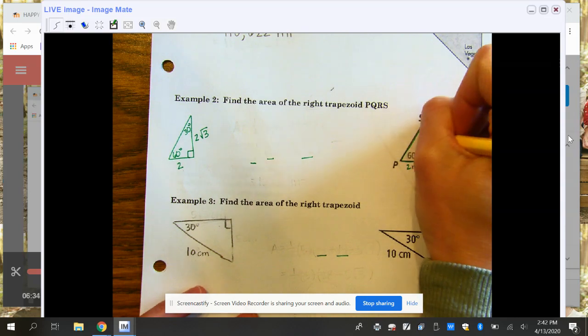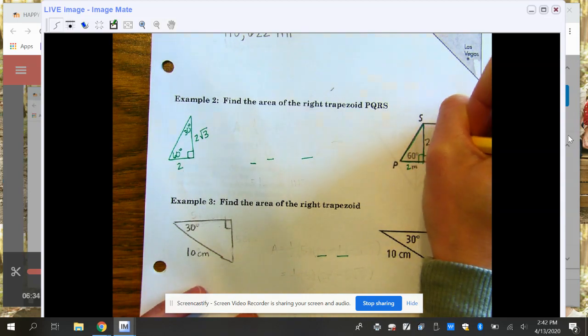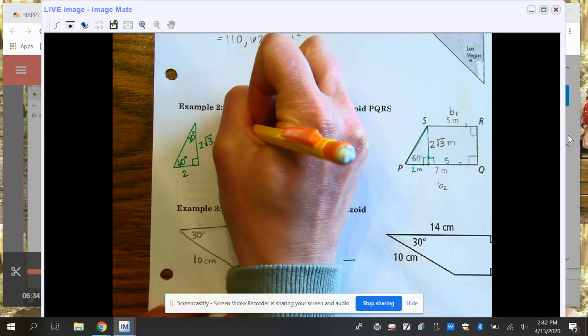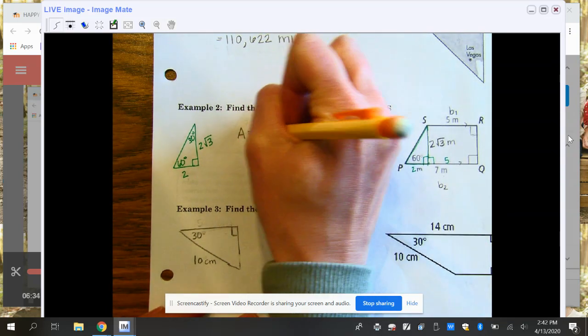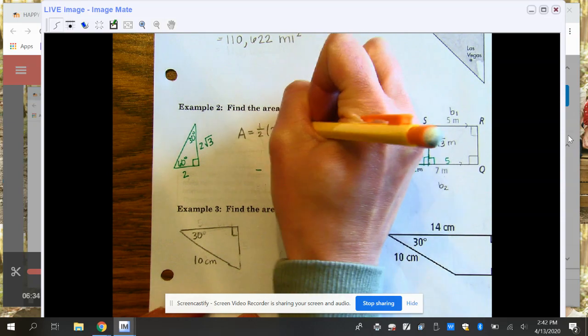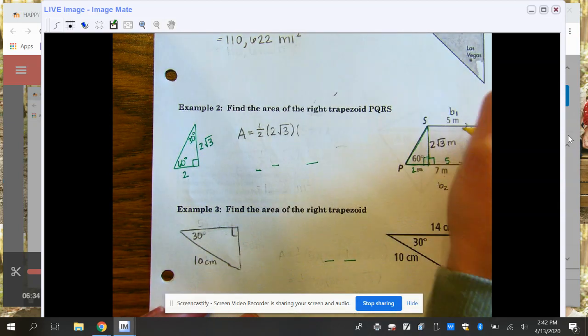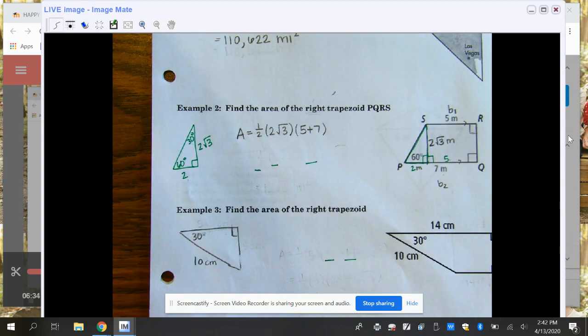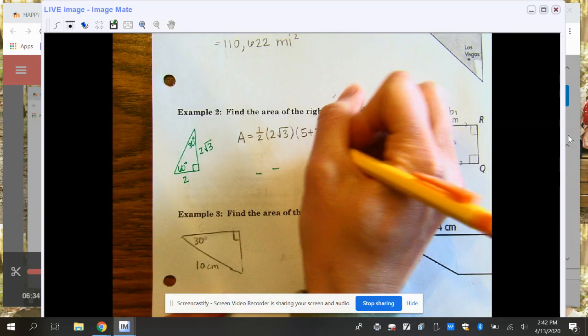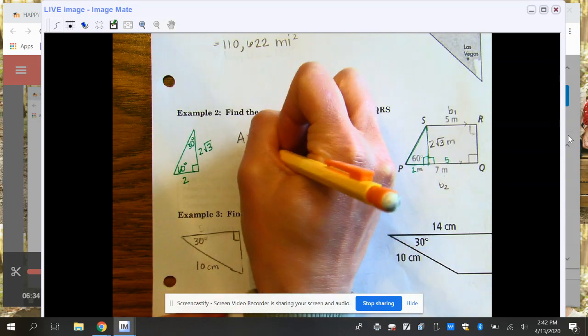So now that I know that the height is 2 radical 3 meters, I can substitute everything into that equation. So 1/2 times 2 radical 3 times 5 plus 7. Okay. So I'm going to start again by adding those 2 numbers together.